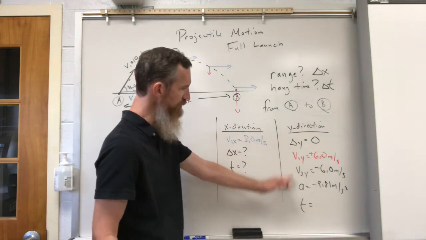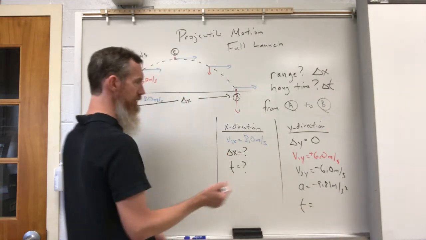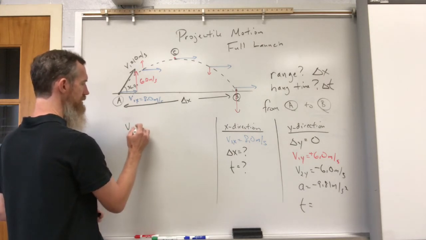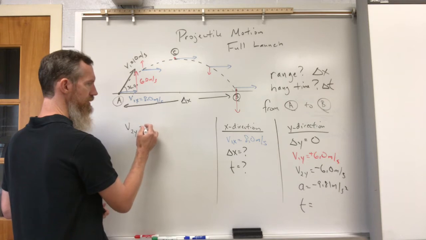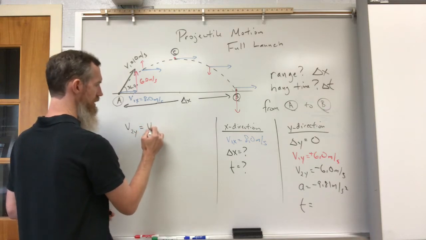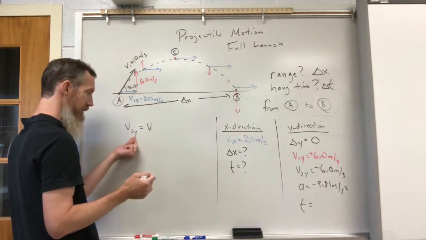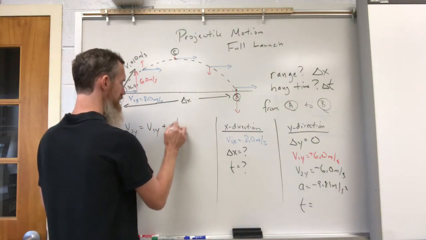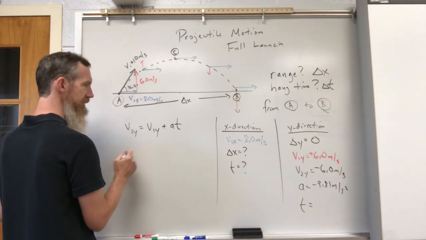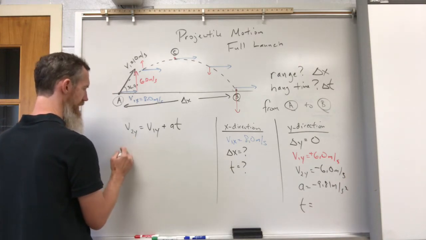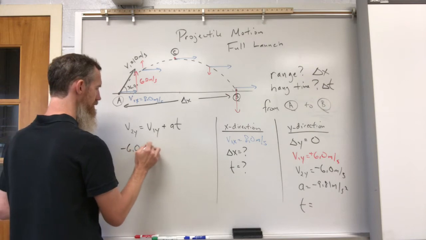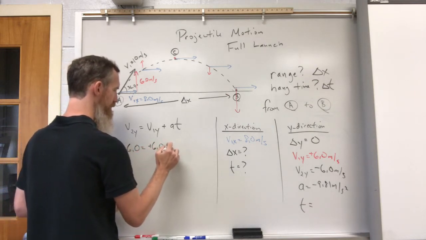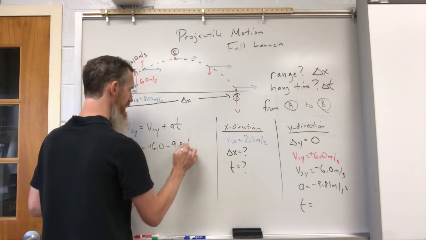There's a bunch of different formulas that you can use here, but I'm going to go for the simplest. Velocity final in the y equals velocity initial in the y plus acceleration times time. If I plug these in, I get negative 6.0 equals positive 6.0 minus 9.81 time.